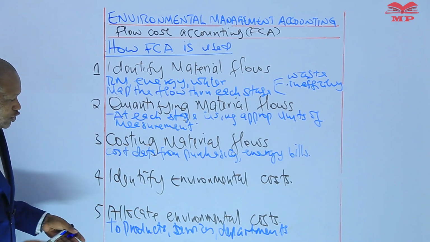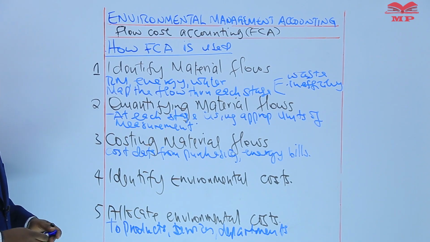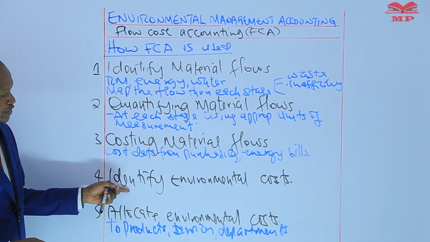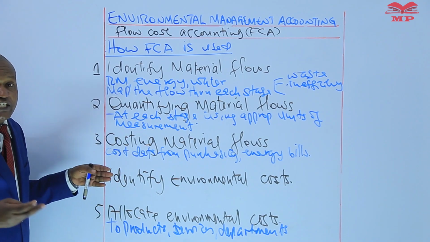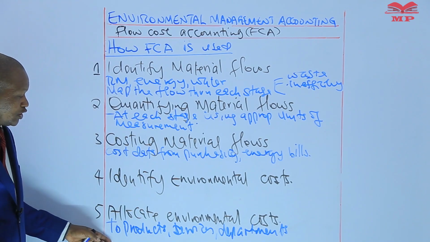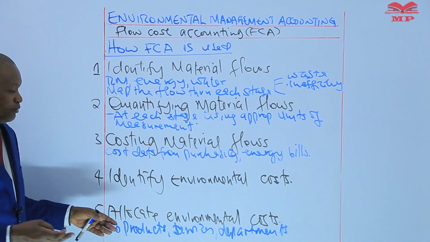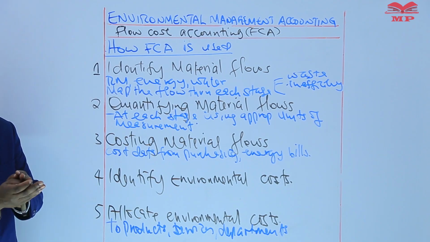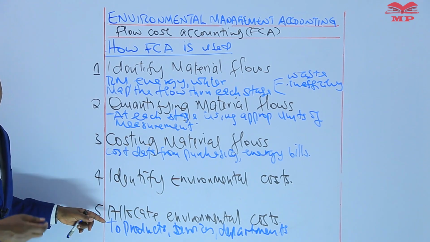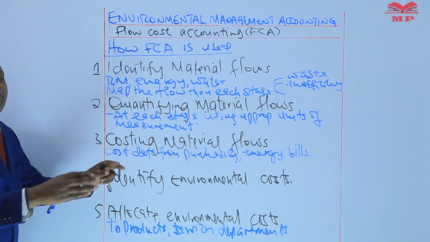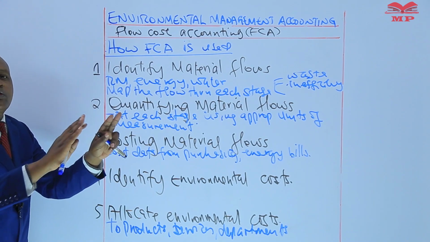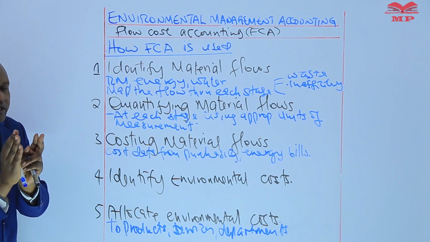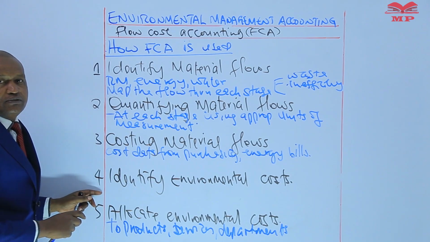Finally, environmental costs are allocated to products. Because here the environmental cost identification was properly done, then it's possible now to allocate environmental costs to products, to services, to departments, and this allocation is based on their contribution to the overall material flow associated with environmental impact.